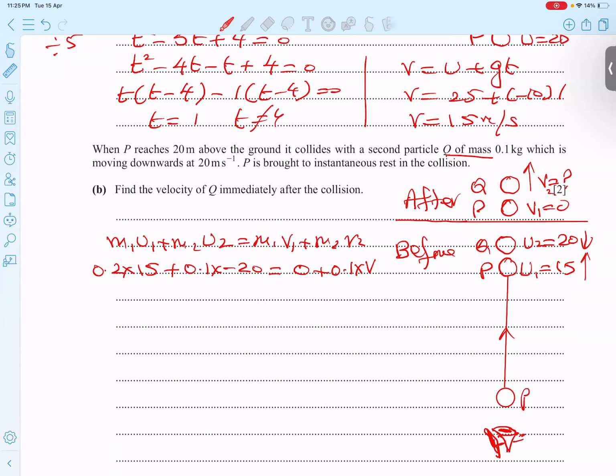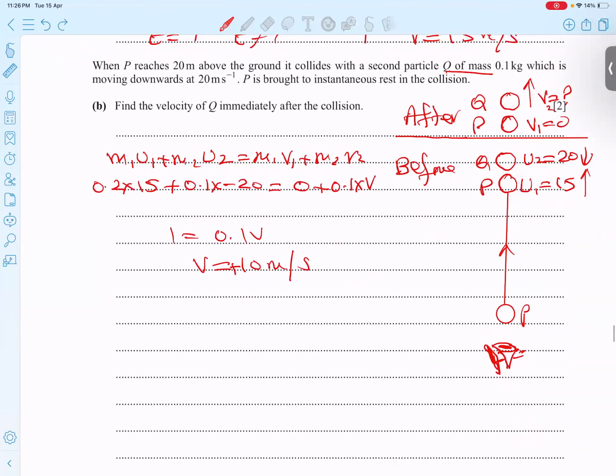If I check it, 0.2 times 15, and negative 0.1 times 20. I get 1 here, 0.1V, and I get 10 meters per second. As a positive velocity, it means it is going away from the observer.